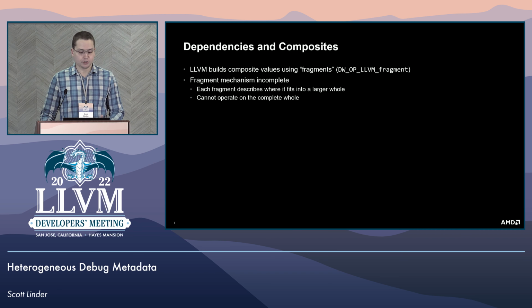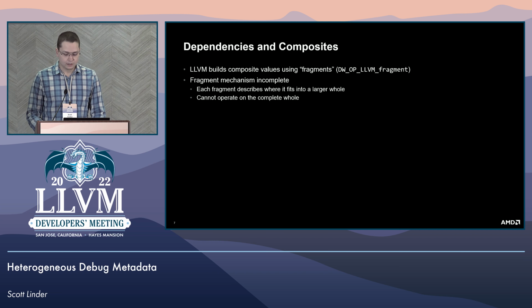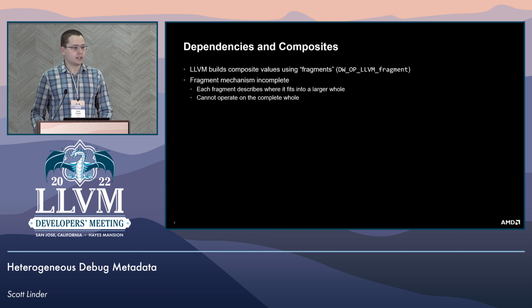So today, when the location of a variable needs to be stitched together from more than one LLVM value, let's say a compiler has broken it up and treated each piece separately, but the same source variable is conceptually made up of some combination of the two, a pseudo operation gets added to the end of each expression for each of the pieces, which is effectively saying where it fits into the original source variable.